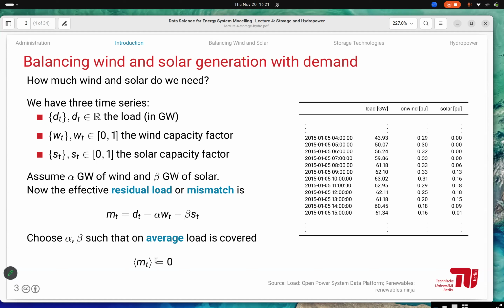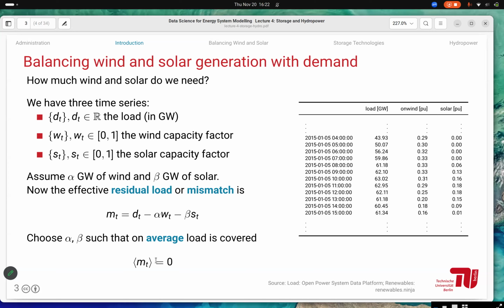It doesn't really matter what alpha and beta we choose, as long as the average generation that we can get, or you could also say the total generation over the time period that we look at, meets the load. So this criterion doesn't take into account any of the time series. It just sums up or averages over the whole time series.